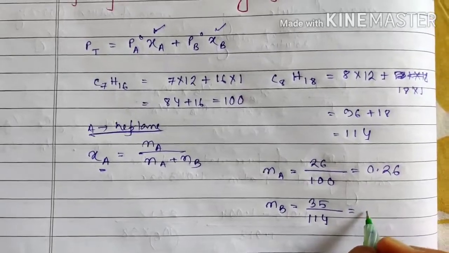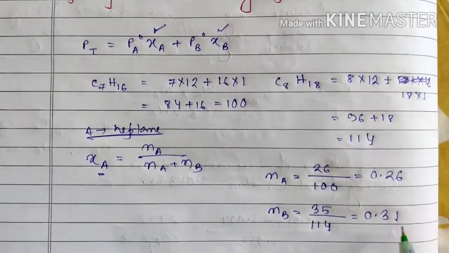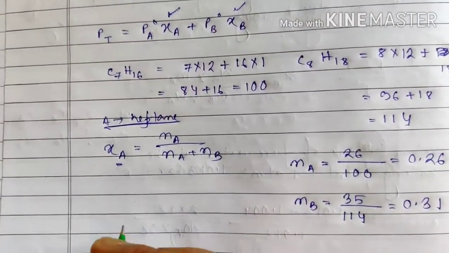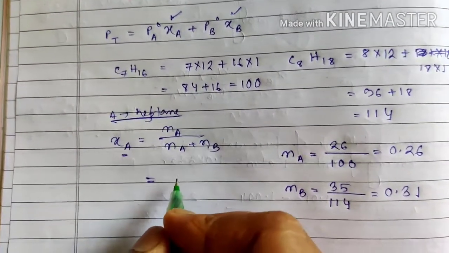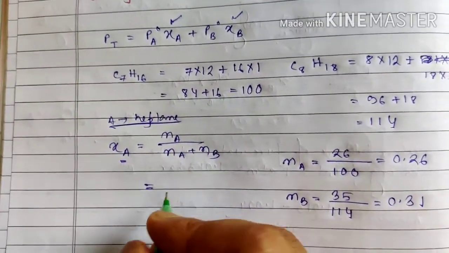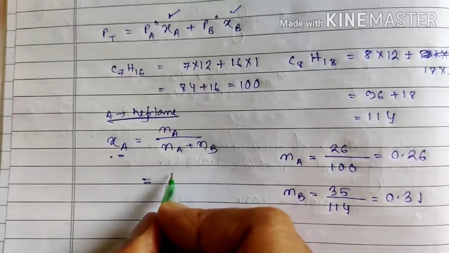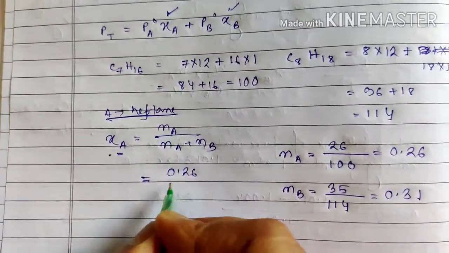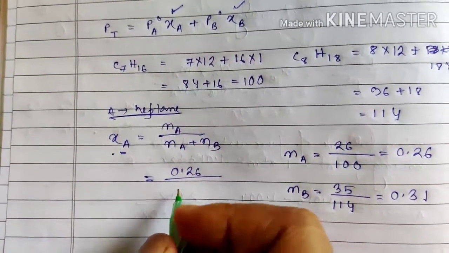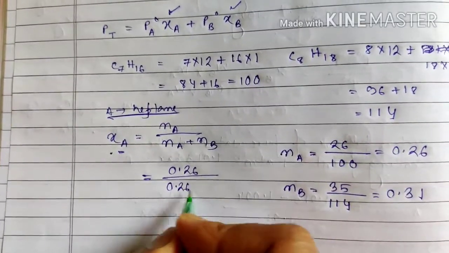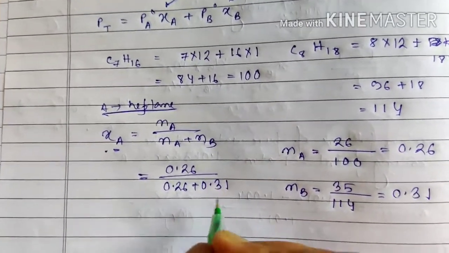I've calculated the value, it comes out to be 0.31. Now if we put these two values over here, for XA it will be 0.26, the number of moles of heptane, divided by the total mole, which is 0.26 plus 0.31.